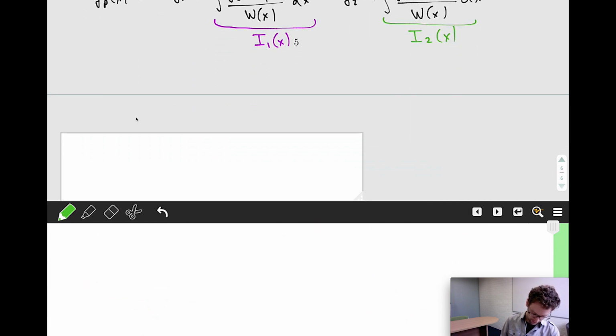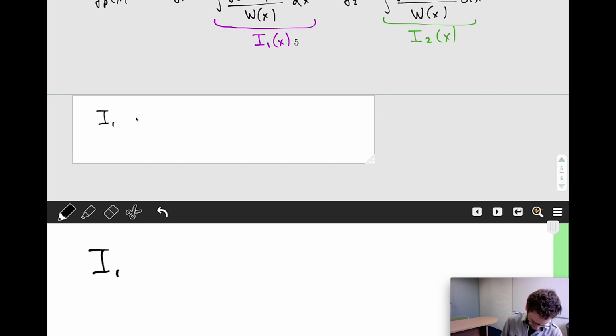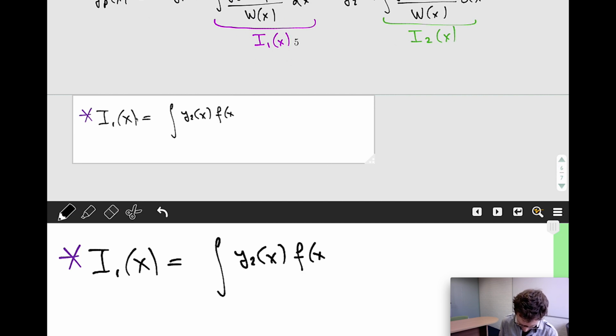So let's write that out. Integral 1 of x is going to be given by the integral of y2 times f of x all over W. And we have all those pieces now.